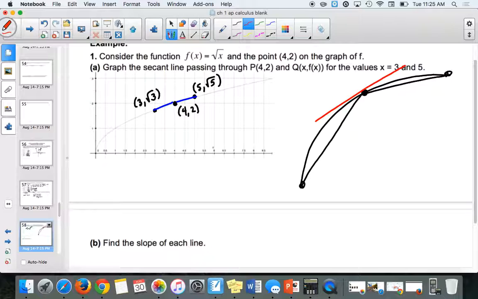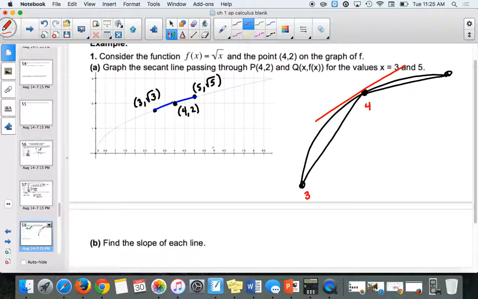Do you guys think that the first one between like 3 and 4, do you think that's steeper than my tangent line or less steep? Look at my picture. It's steeper, right? Can you see it? It's like more slanted up. Do you think the other one's less steep or more steep? Less steep, right? So we're probably going to find both of them and then find the average.